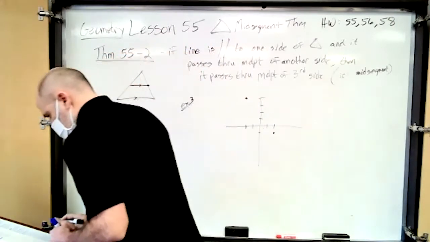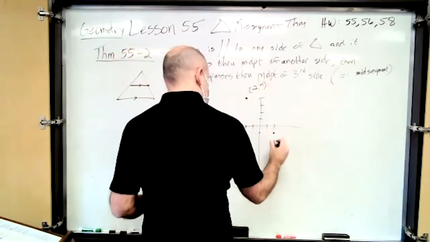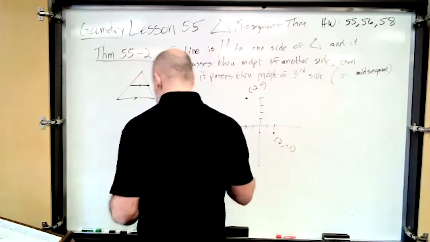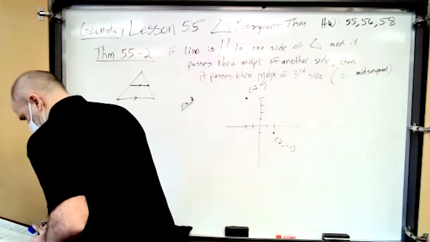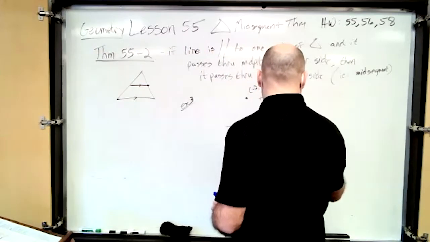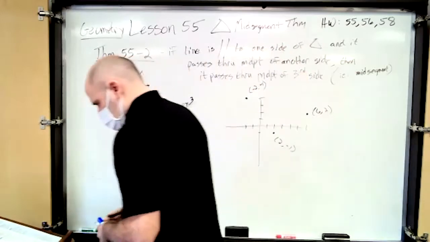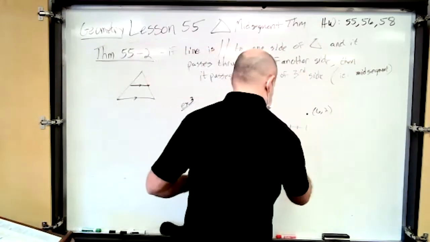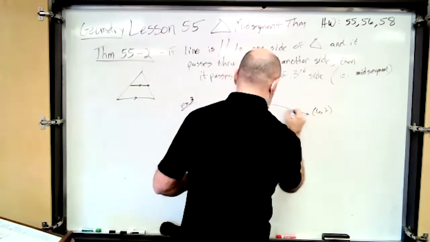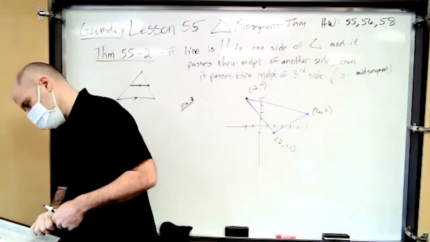There's another vertex. So this is at -2, 4. This is at 2, -1. And then we're at 6, 2. Okay. So if I connected these dots, that's what the triangle looks like.